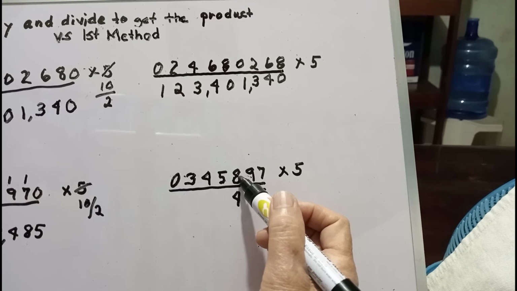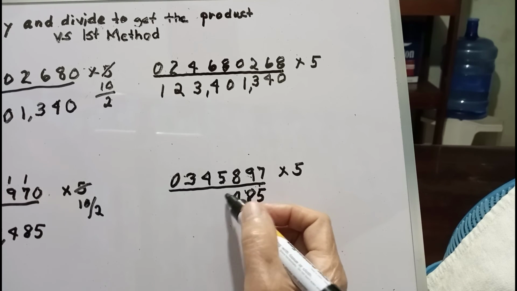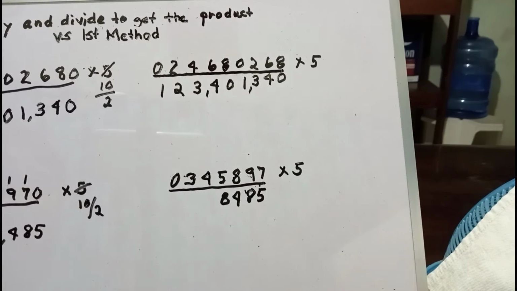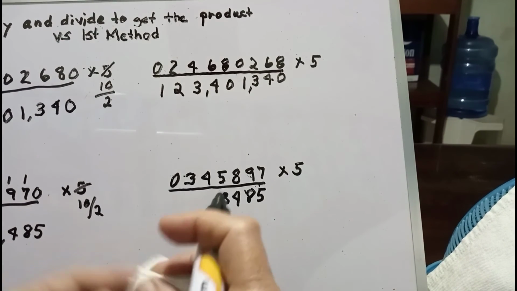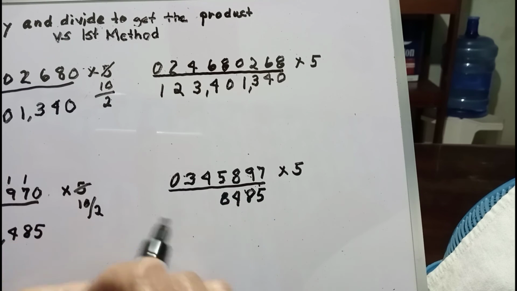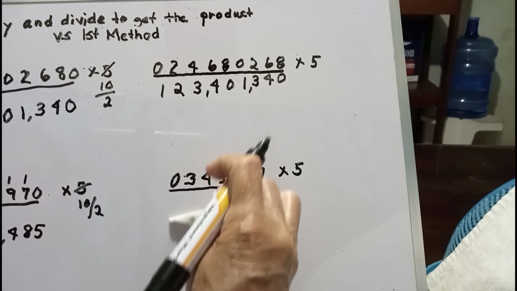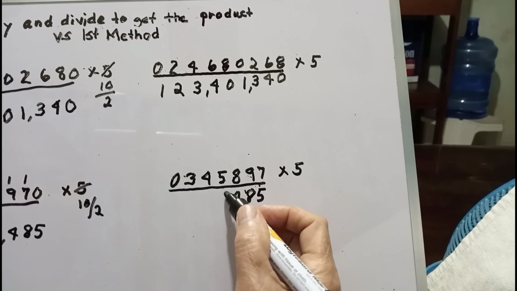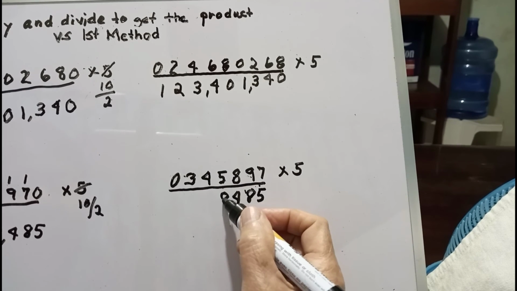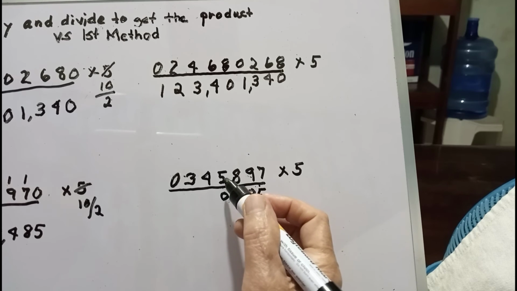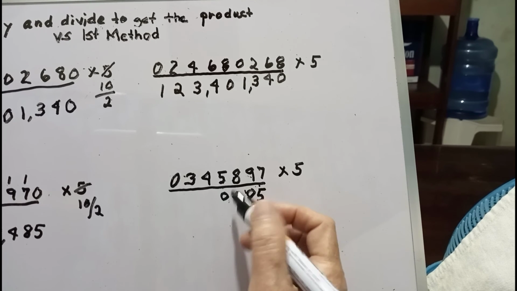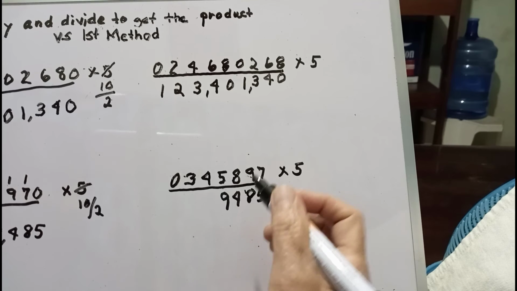So 5 plus half of this, 5 plus half of 8 is 4, so that would be 9.